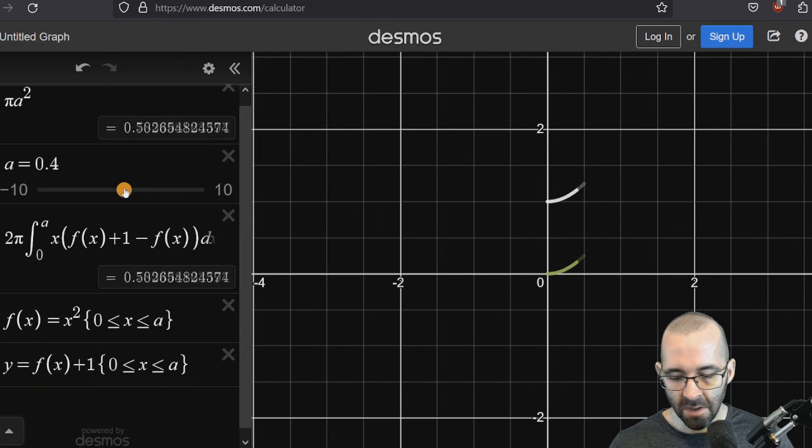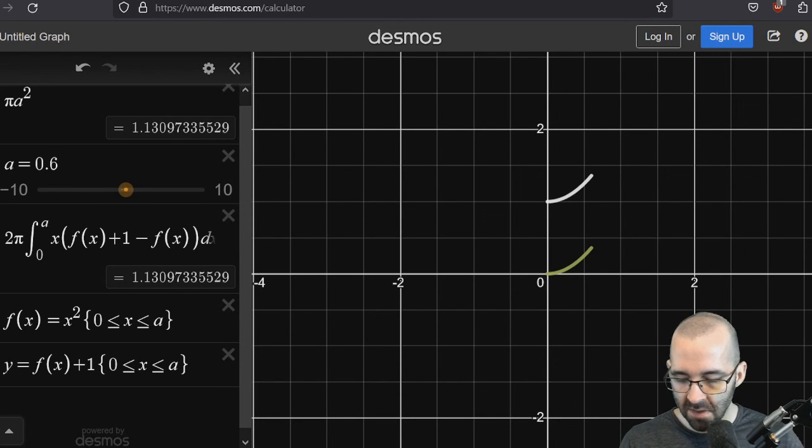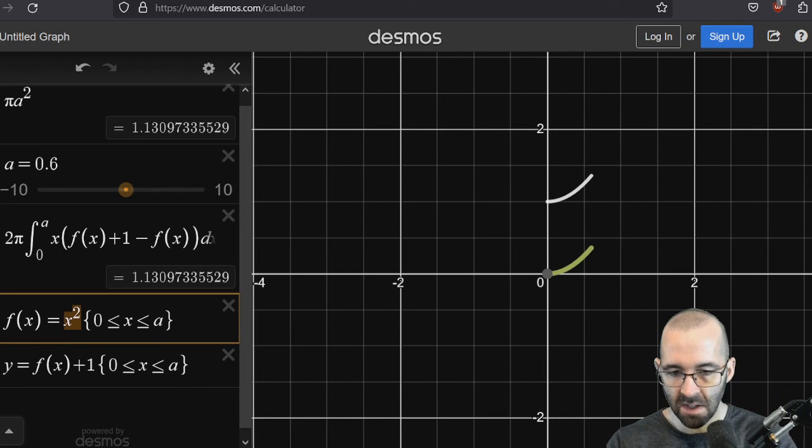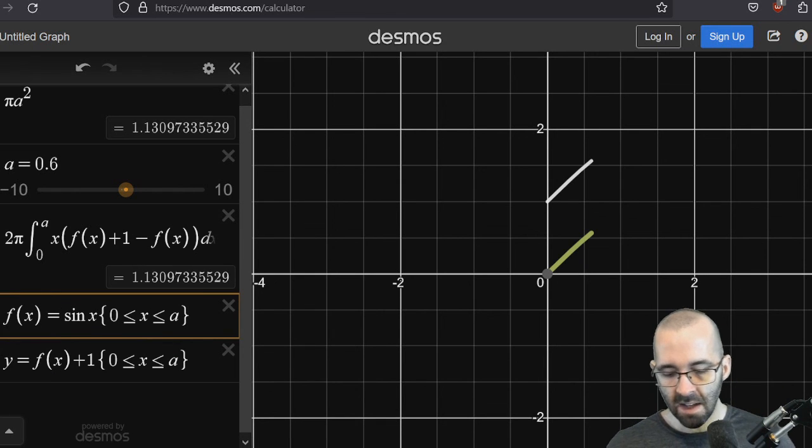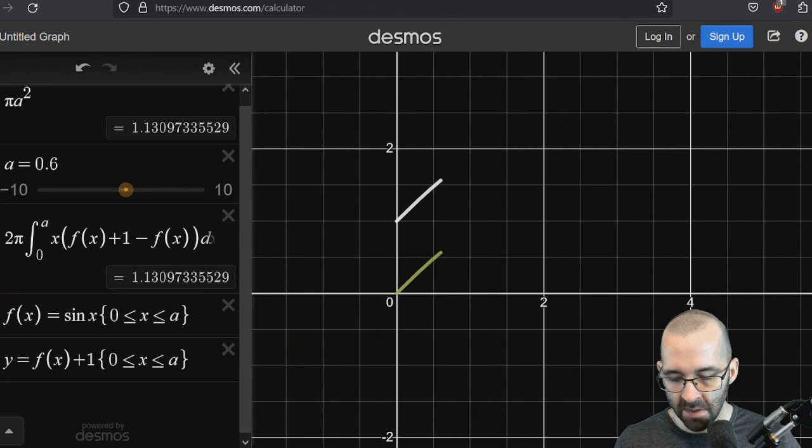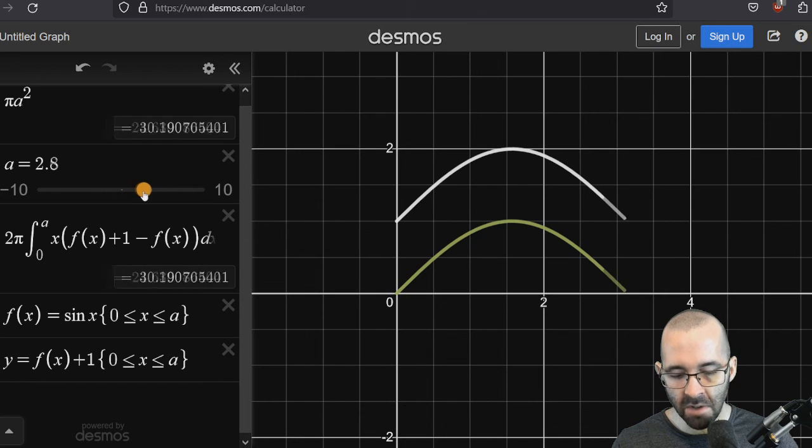And as a gets bigger or a gets smaller, we have the volume for any of these a's. And we could change these functions. What if f of x was just sine of x instead? Well, different function, still the same volume. And we can change our value of a to get a longer solid. And you can put any function you want here, then it should work.